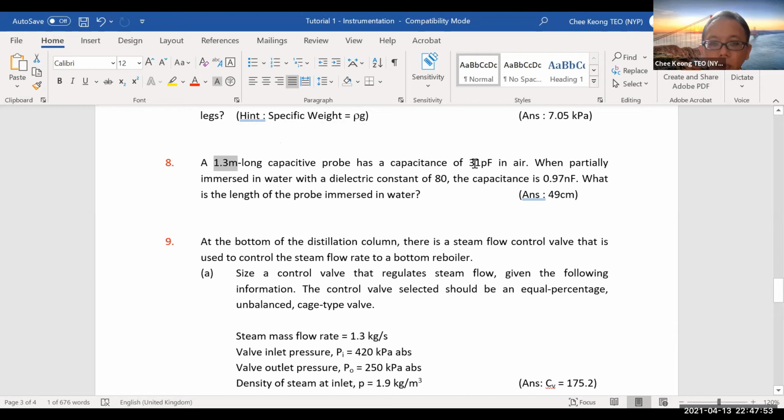Capacitance of air is 31 picofarad, so this is CA. It is partially submerged in water. Dielectric is 80, this is KX. And the capacitance is 0.97 nanofarad, which is the total capacitance reading. They ask what the length of the probe immersed is. So let's go back to the formula we created just now and substitute.